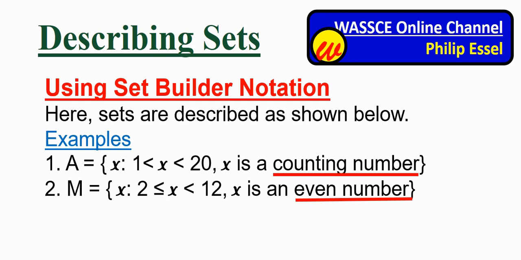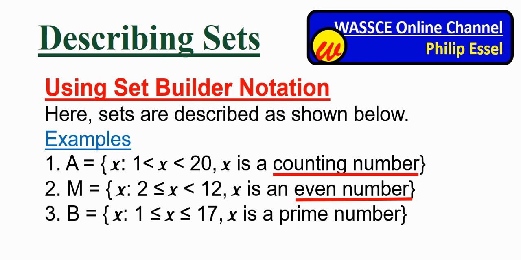So in the event that you are asked to list the members of this set M, it means that you are listing even numbers that are greater than or equal to 2 and less than 12. As simple as that.